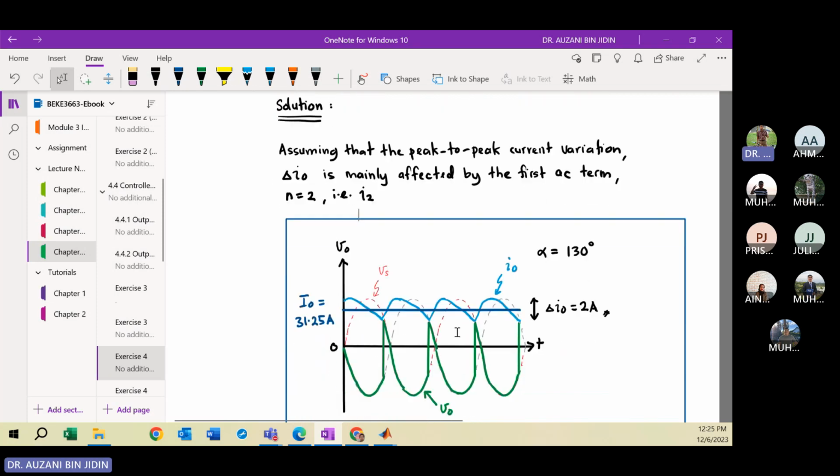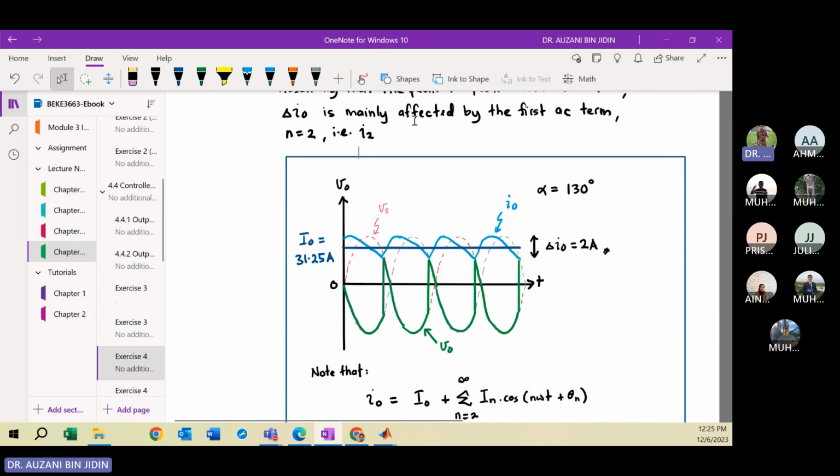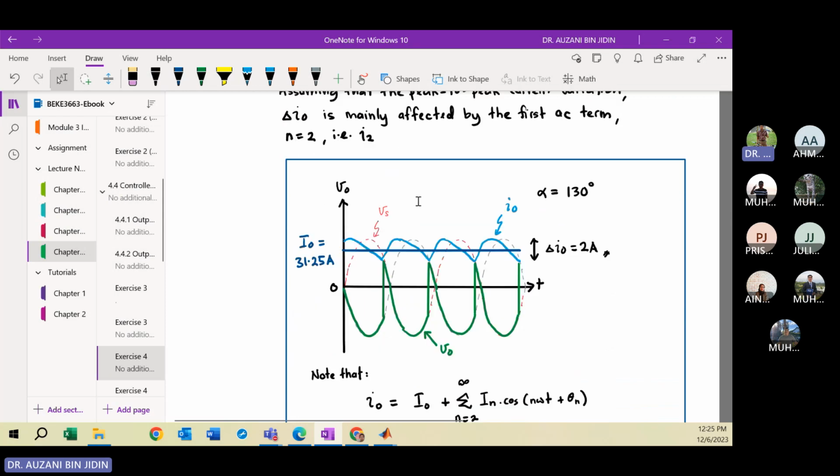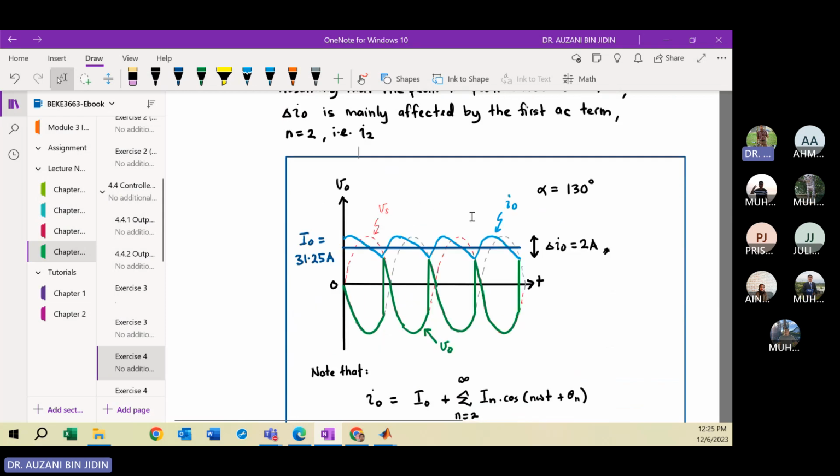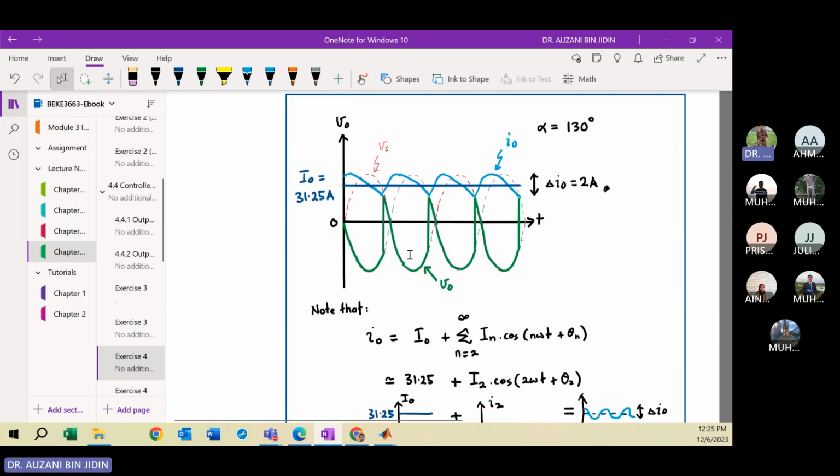Okay, in order to understand what the assumption means, maybe I can provide this illustration. You can see here the output voltage in green color, and the output current. The dark blue color is the average component of the output current, which is constant at 31.25 ampere.